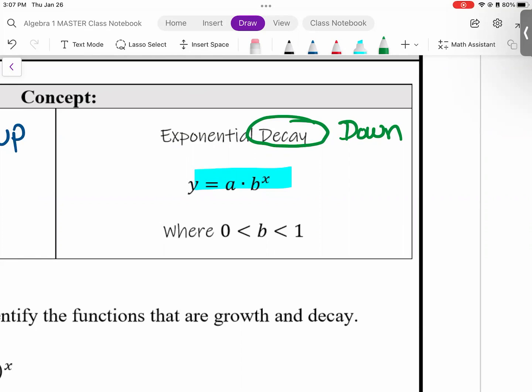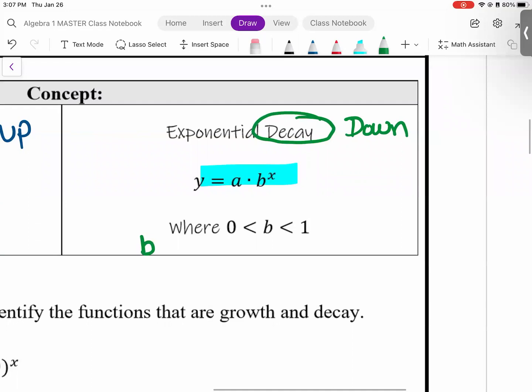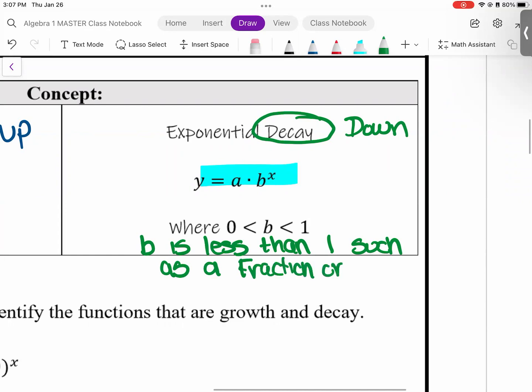So an exponential function is decay if b is less than 1, such as a fraction or decimal. So para saber que la función va para abajo, el número b tiene que ser menor que 1, o sea, una fracción o un decimal.